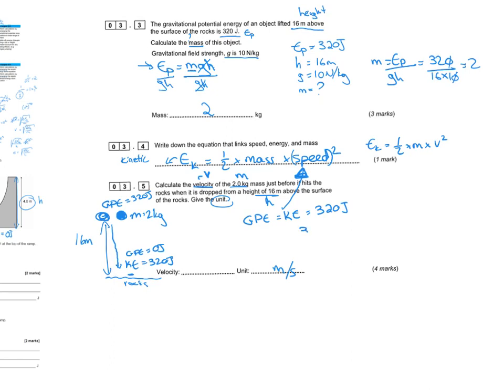So I know that 320 joules is equal to half times mass times velocity squared. I showed you already how to rearrange it, so I'm going to just straight away do it in one go. So it's 2 times 320 divided by the mass, which is 2.